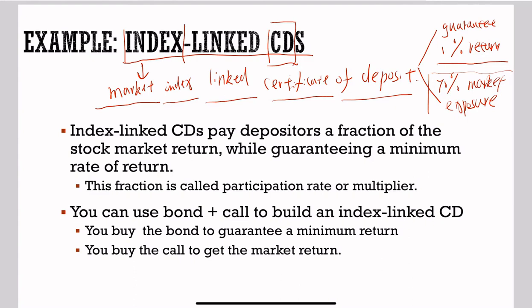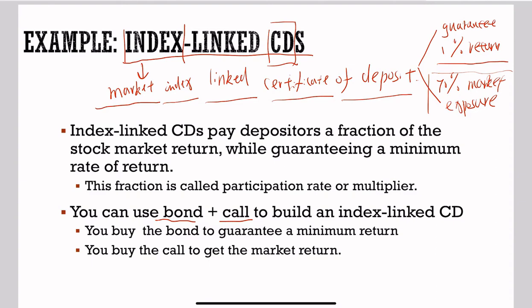The basic idea about building this index-linked CD is to use two financial instruments. The first is a bond. The second is a call. Why do you use the bond? Well, because if you buy a Canada bond, a bond issued by the Canadian government, then you know that it's very safe. So using this bond, you can guarantee the investor a minimum return.